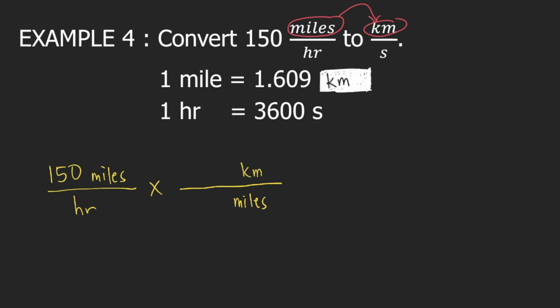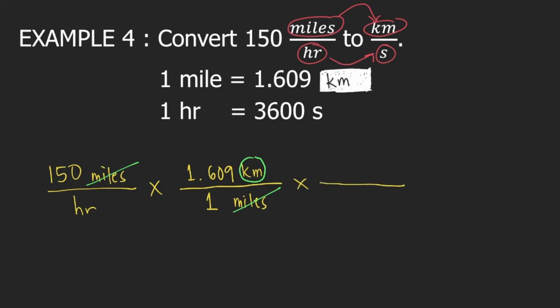So according to the equivalence, 1 mile is equivalent to 1.609 kilometers. So miles will cancel since they are on opposite sides. So now we have kilometers. Next, we convert hours to seconds. So hour is at the bottom.